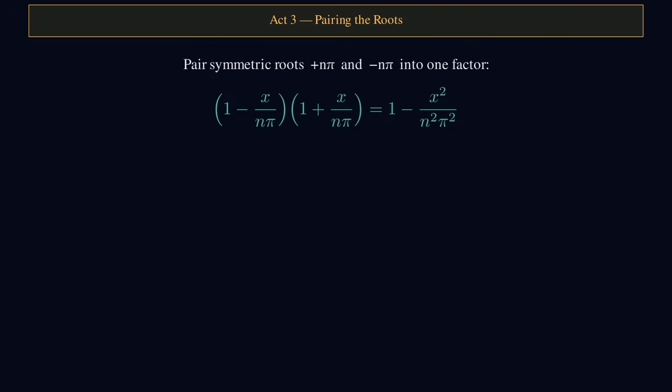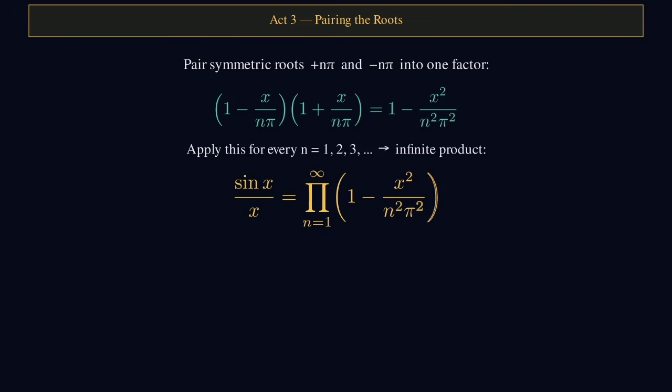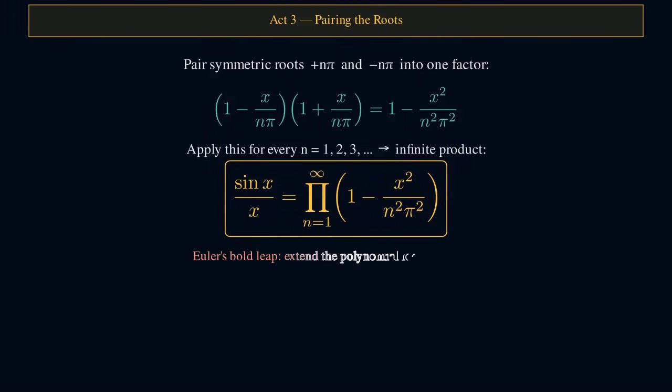So, sin x over x, with its infinitely many roots, becomes an infinite product of these factors, one for each value of n from 1 to infinity. Now, Euler assumed this root factor trick extends from polynomials all the way to this infinite function. That was his leap of faith, a breathtaking one, and it turned out to be completely correct.